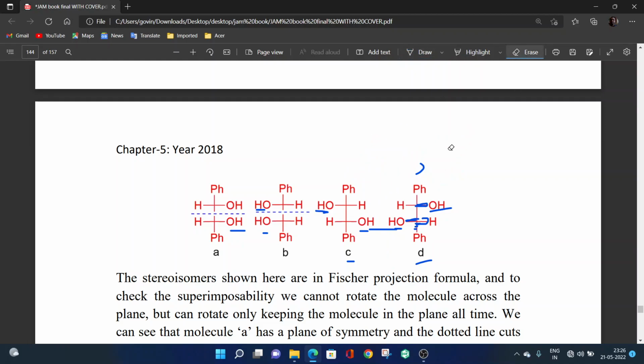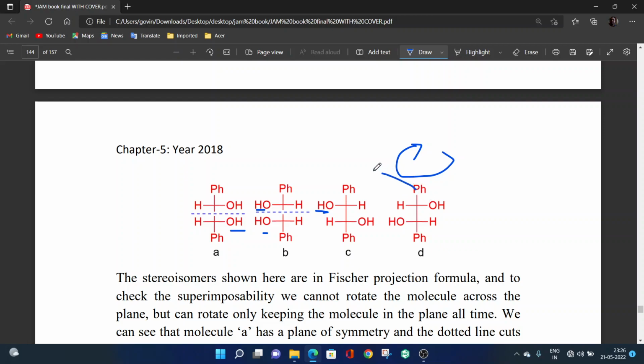If they are one and the same, then they should be superimposable on each other, right? Superimposable means that 3-dimensionally they should exactly fit on each other. So I cannot rotate it outside the screen by 180 degrees, because then the pH which is away from the viewer will come towards the viewer, and the 3-dimensional structure is lost.